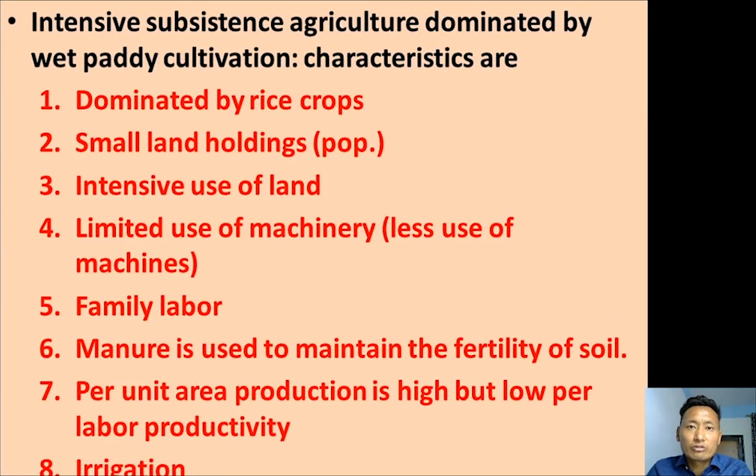Following are the characteristics of intensive subsistence agriculture dominated by wet paddy cultivation. We know what is meant by wet paddy. Why is rice called wet paddy? In order to grow rice we need lots and lots of water.